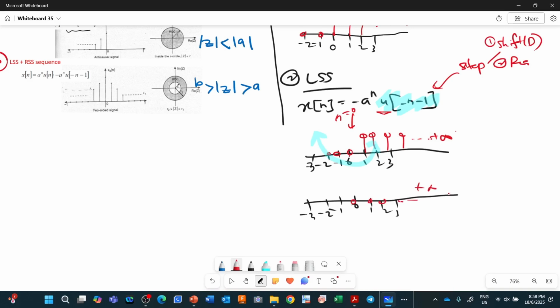The positive part, 1 becomes minus 1. 2 becomes minus 2, minus 3, until minus infinity. So if you look at this, it becomes a left-sided signal on the left side. So this is what it means. So basically, if you look at the equation, it has u[-n-1]. It's a left-sided sequence. And for the left-sided sequence, the ROC is given by |z| less than a.